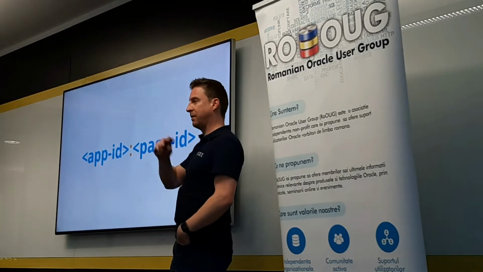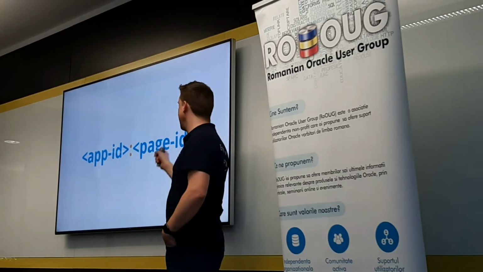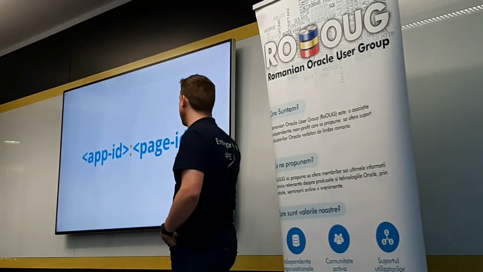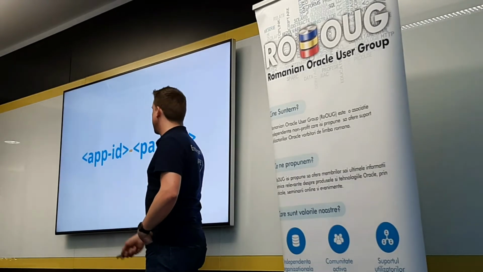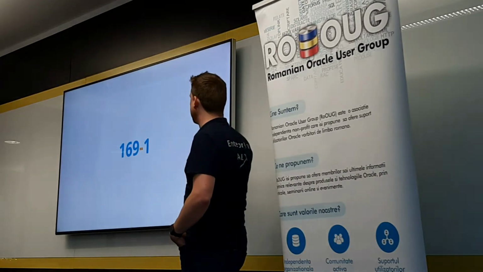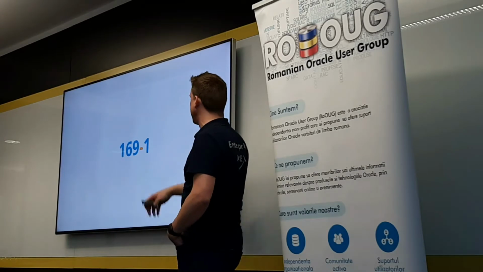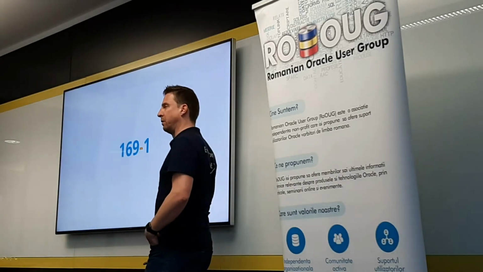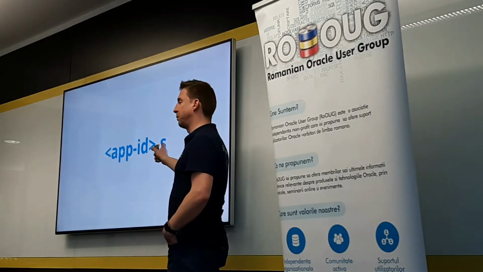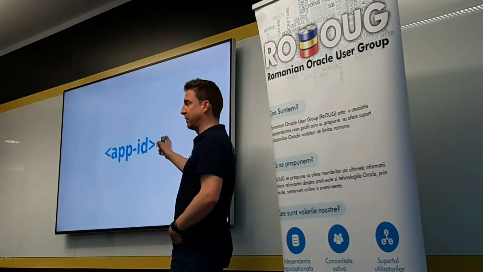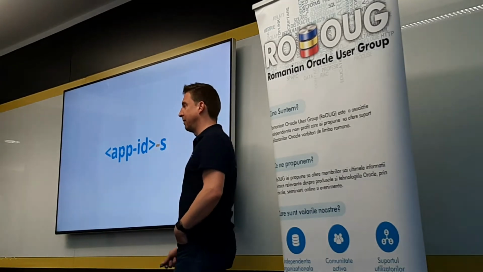So if you have to go from one app to another, this is the quickest way to go there. Instead of a colon, you could also use a dash. So jump to application 169, page 1. Or if you provide an S, you jump to the shared components of this app.